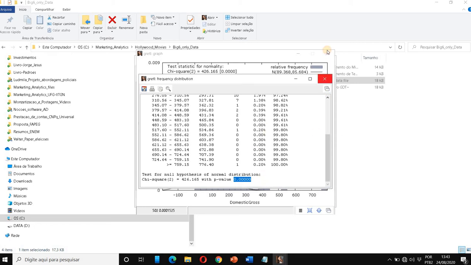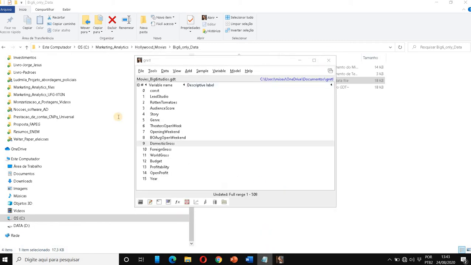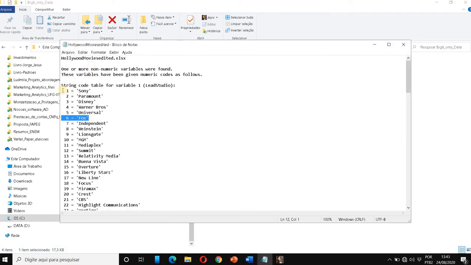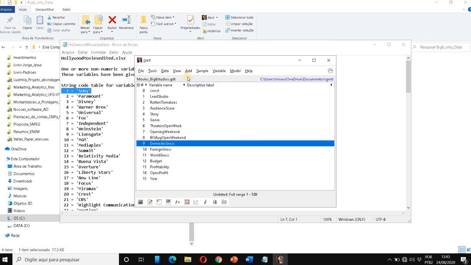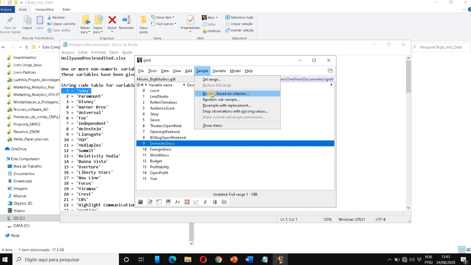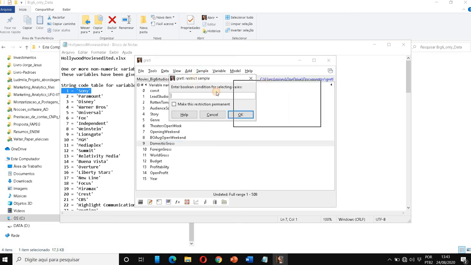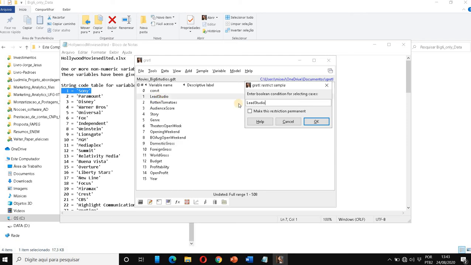Okay, so the first thing we're going to do, remember the text file with the code for the variable. We are going to work with Sony, only Sony. So you go back to Gretl, sample, restrict based on criterion, and you're going to put lead studio equals 1.